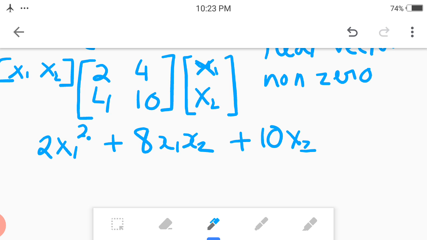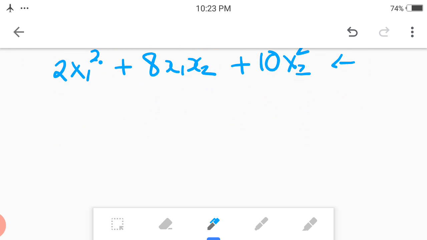Okay, let me write this clearly. x2 square. So this equation will have a minima. Geometrically, let me just draw an xy axis.